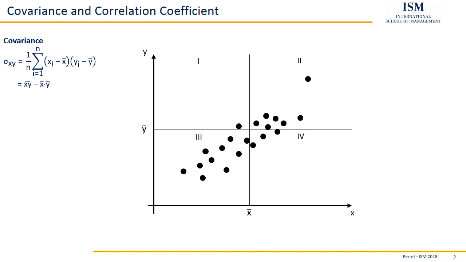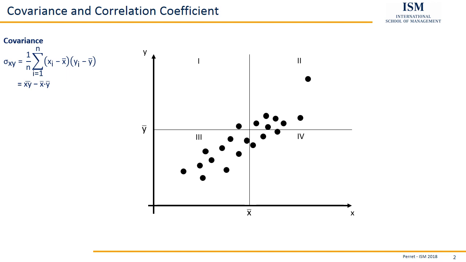I would get a negative value for the first brackets and a negative value for the second brackets. Smaller than the mean for x gives a negative value, smaller than the mean for y gives a negative value. So I have negative times negative, which gives us a positive sign.